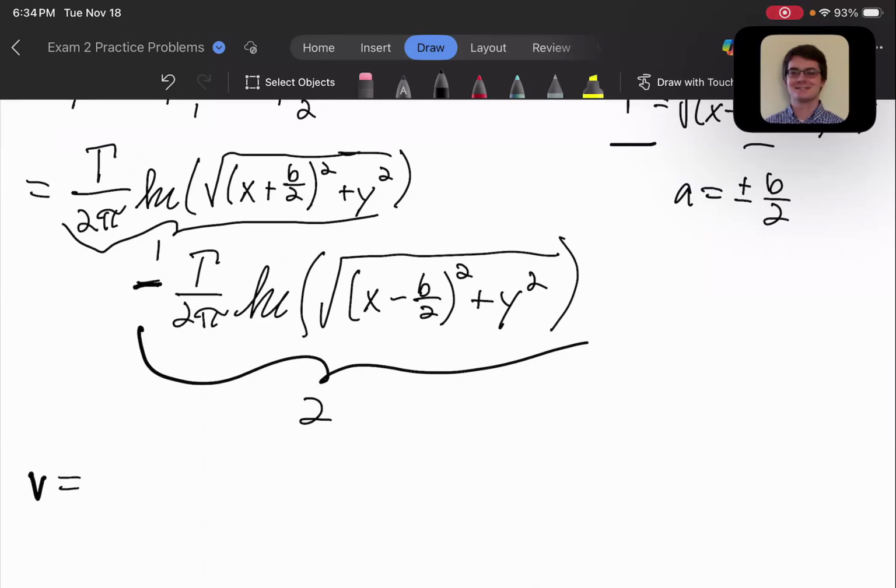We're doing the stream function. It's negative partial of the stream function with respect to x. That one is just from the equation sheet. Does everybody feel like they know where to go from here?